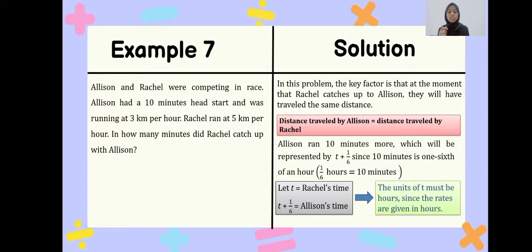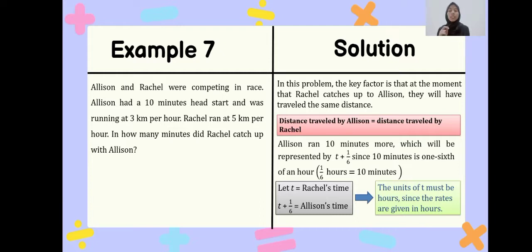So in this problem, the key factor is that at the moment Rachel catches up to Allison, they will have traveled the same distance. So distance traveled by Allison is equal to distance traveled by Rachel.